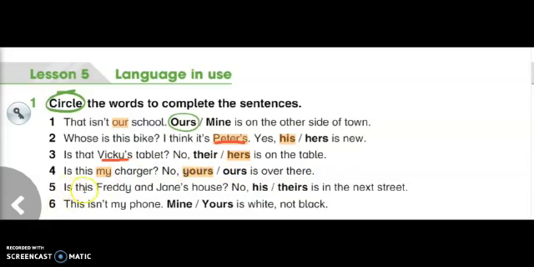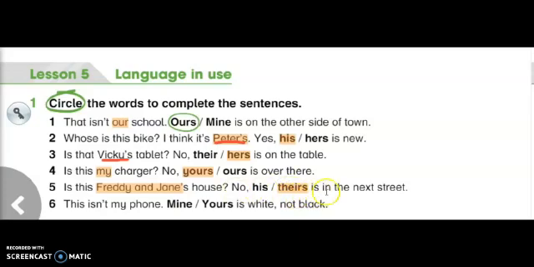Number 5. Is this Freddie and Jane's house? Here we have Freddie and Jane's. And the answer is no, his or theirs. Here we have plural, so the suitable possessive pronoun is theirs.